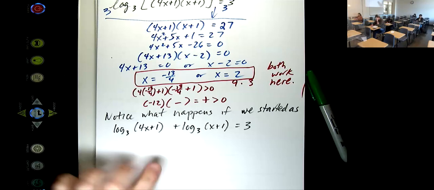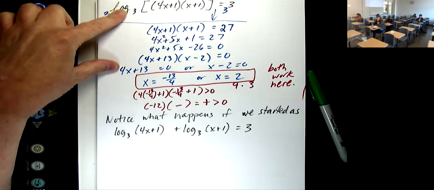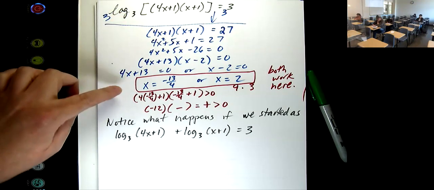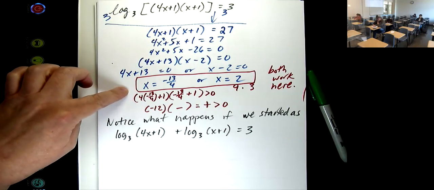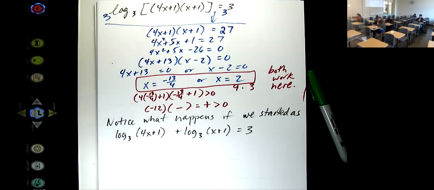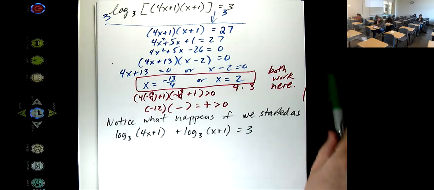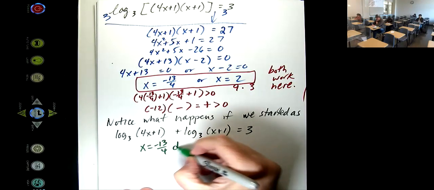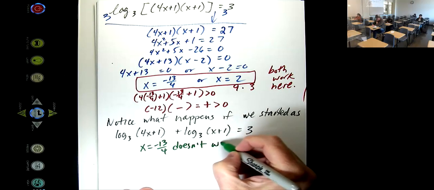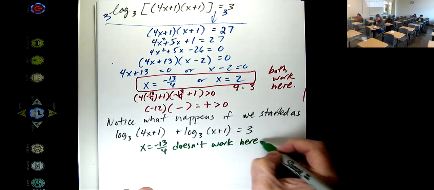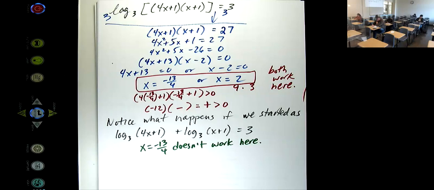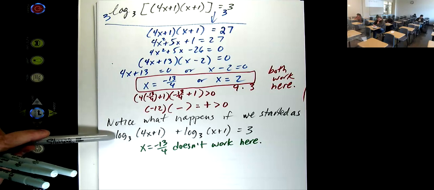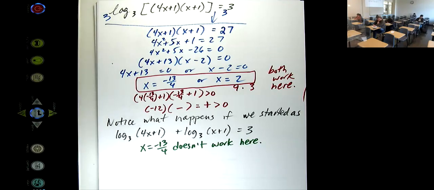The first step is putting them together in multiplication to get this. So we're going to get the same x values. But now negative 13 over 4 doesn't work here. Which is crazy. It works here, it doesn't work here. But these are supposed to be the same things.